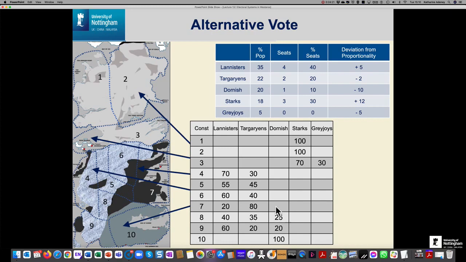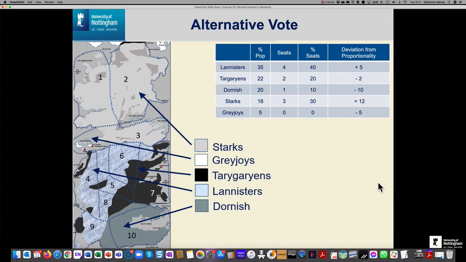You can see there with 60% of the vote. And so you can see there that the Targaryens get 2 seats rather than the one that they had under simple plurality. So this cross-ethnic bargaining has secured a situation where the Lannisters only now have 40% of the seats. They don't have 50% of the seats.